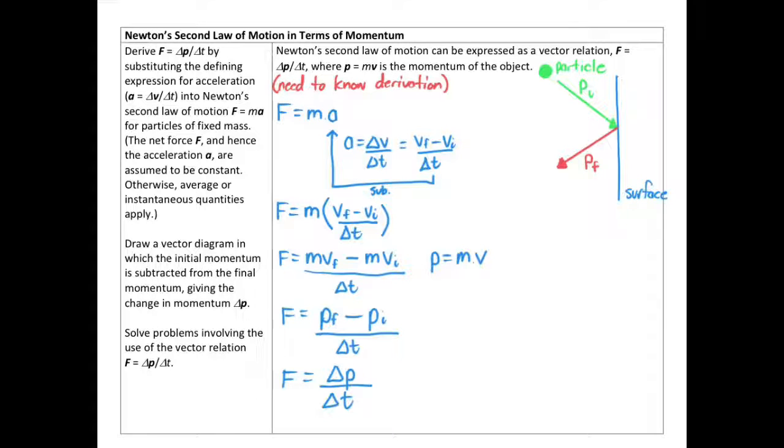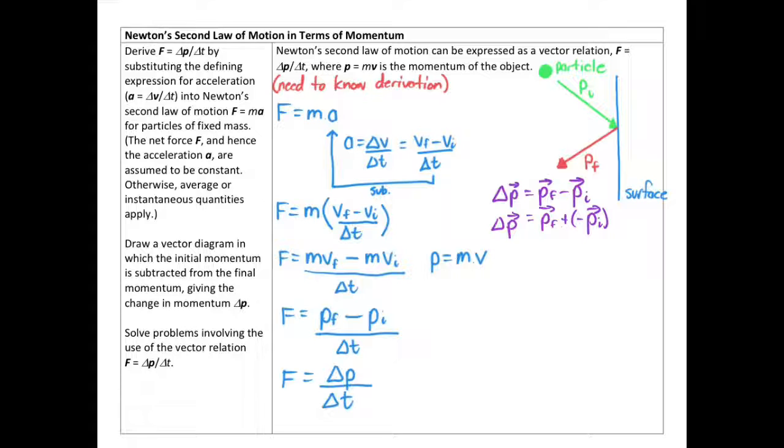So in a very similar fashion to before, if we want to calculate the change in momentum, it is equal to Pf minus Pi. So we're doing momentum, not velocity. That's the only change. Change in momentum is equal to Pf plus minus Pi.